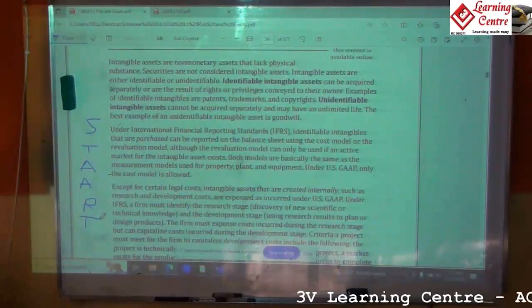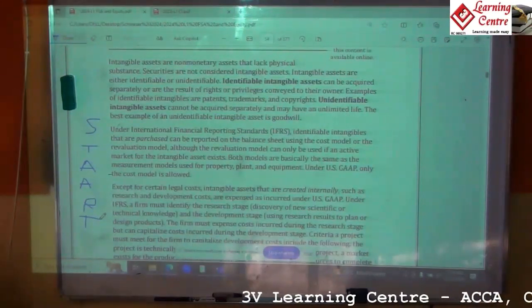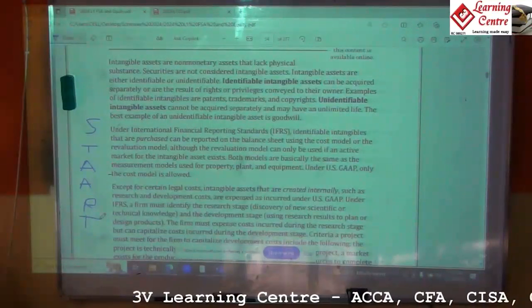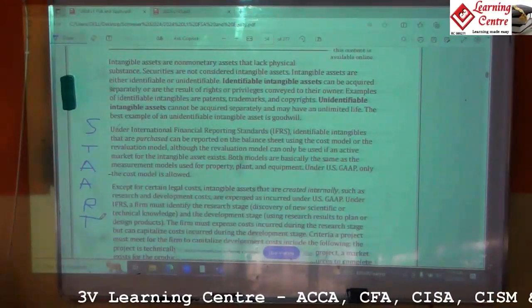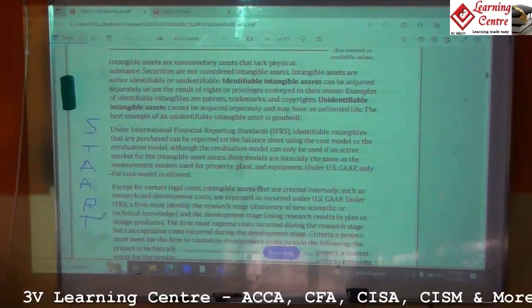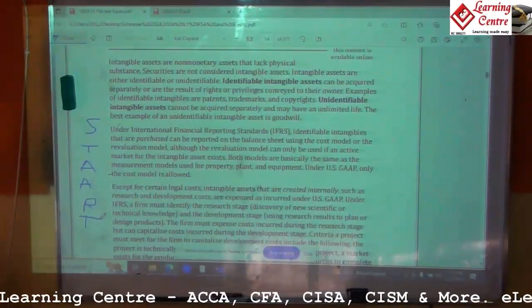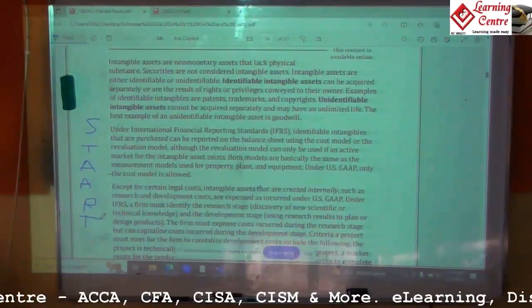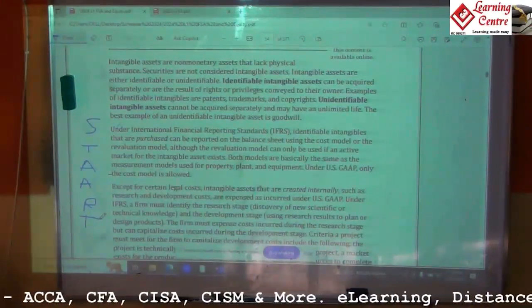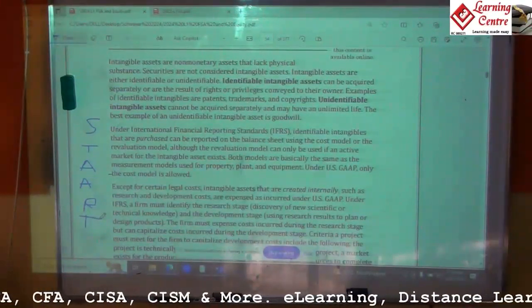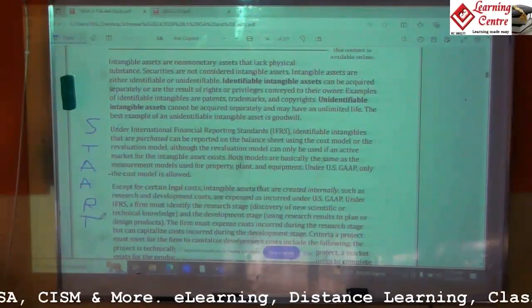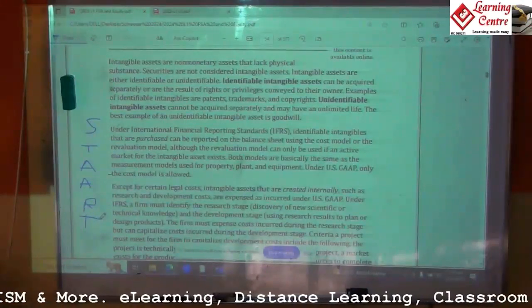The first A is admin overhead. The second A is advertising and promotion costs. R is relocation and reorganization. While the last S is termination cost.